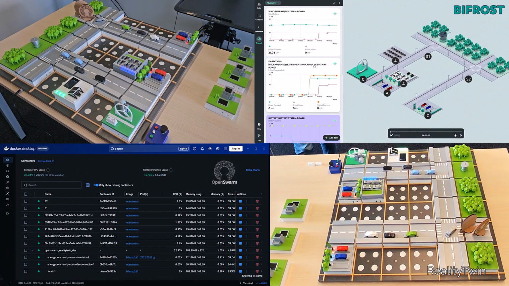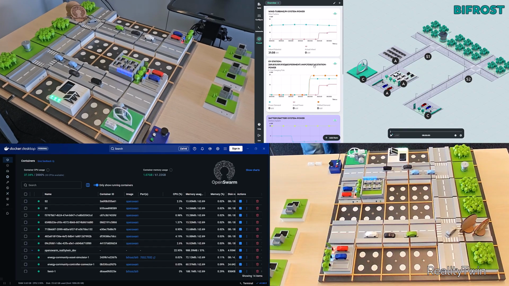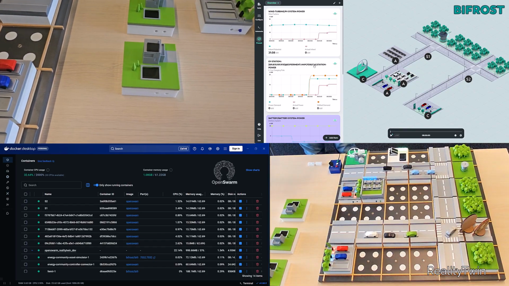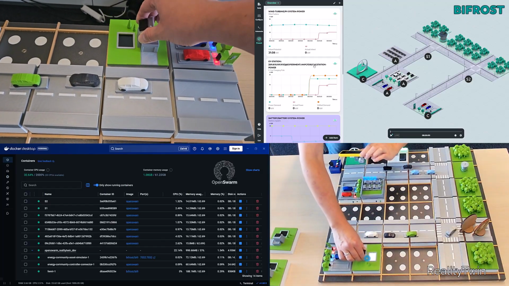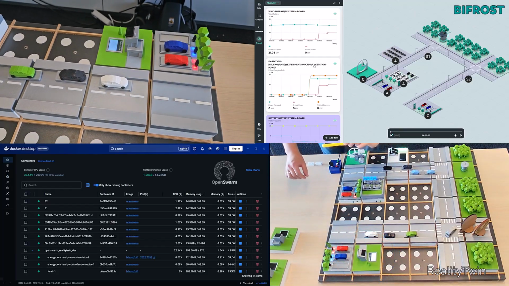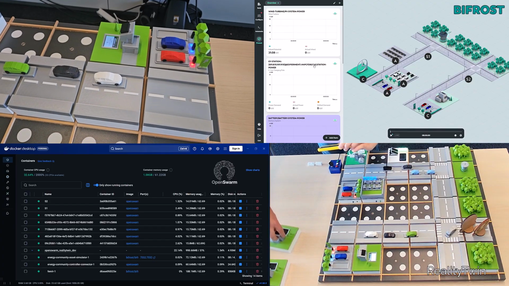Let's extend our model again by, for example, these households, which also provide power over the PV system to energy communities.